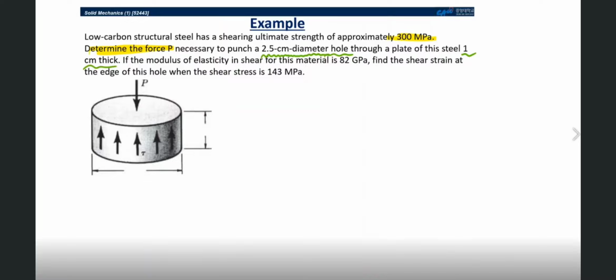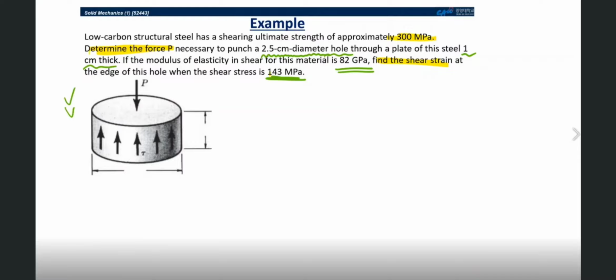If the shear modulus G for this material is 82 gigapascal, find the shear strain at the edge of this hole when the shear stress is 143 megapascal.